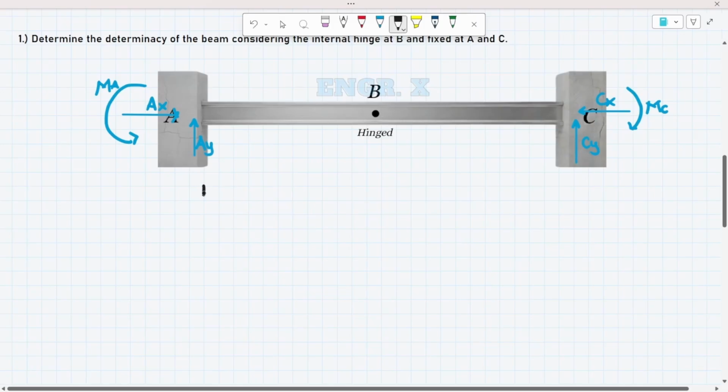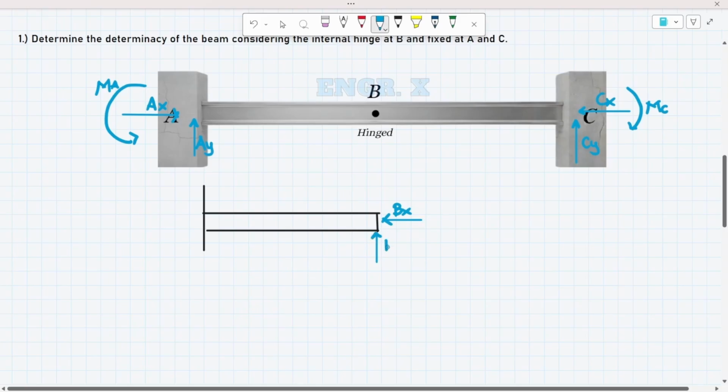What I mean with that is if we represent ulit yung beam, dividing it into two parts, you have here your BY or BX, and this is just an assumption.